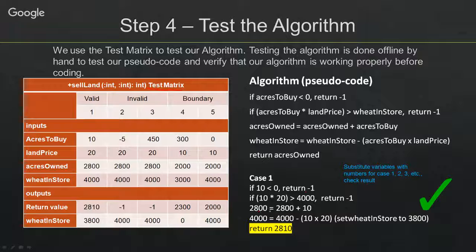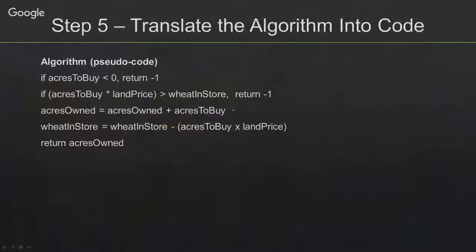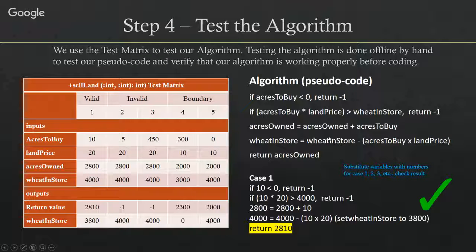So 2,800 equals 2,800 plus 10, and you would return 2,810, which is our return value for a valid test matrix. Basically, we're going through each test case to test our algorithm on paper to make sure everything works great.